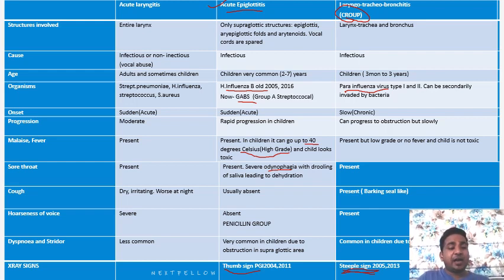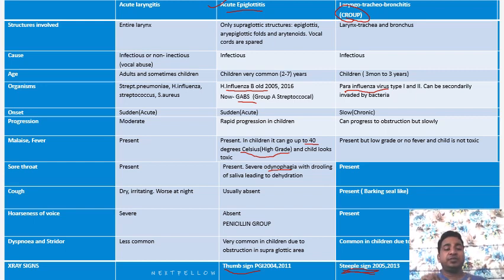Cough is usually absent in epiglottitis, because cough is a symptom which involves the lungs, or we can say bronchi, and in acute epiglottitis the lungs are not involved, whereas in croup the lungs are involved. So croup will present with a cough with a barking seal-like sound.